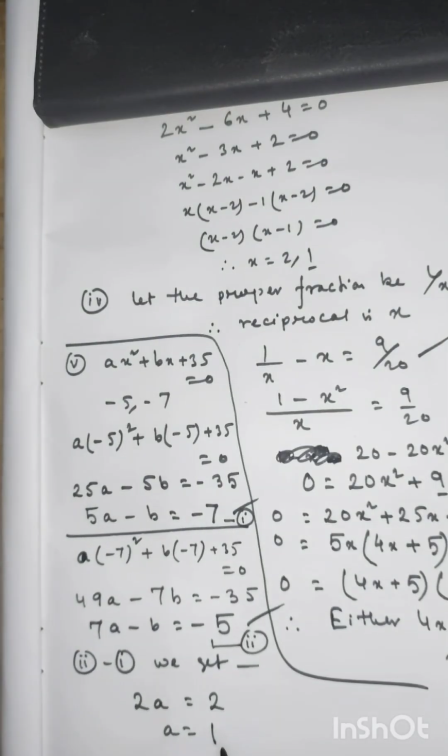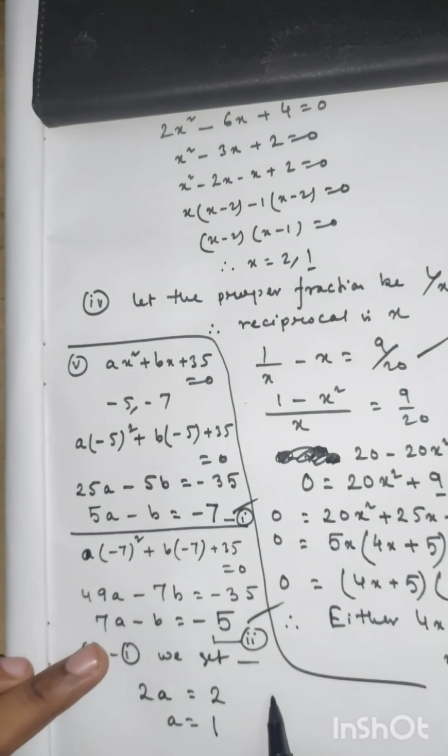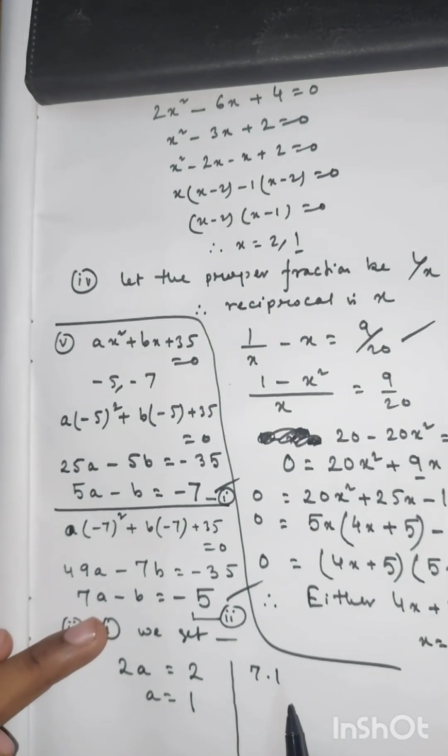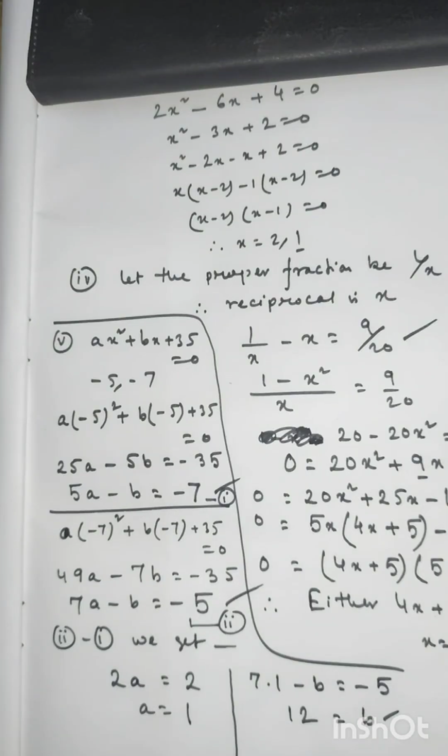Now putting the value of a in equation 2, we get, so b is 12. So these are the two values of a and b.